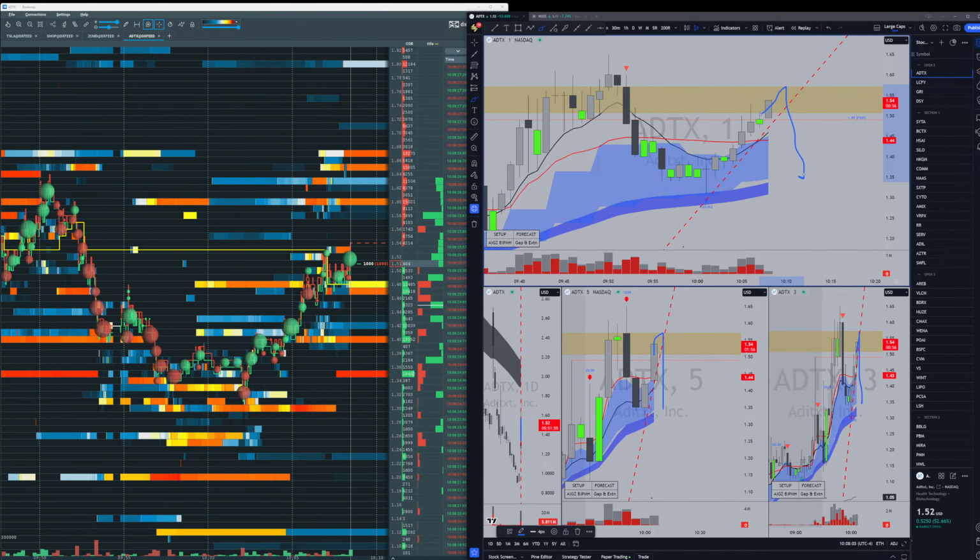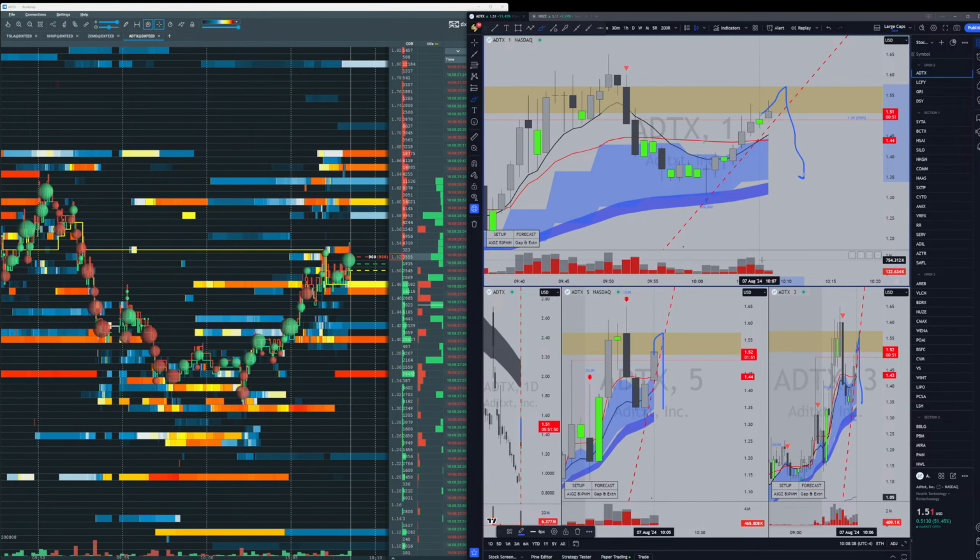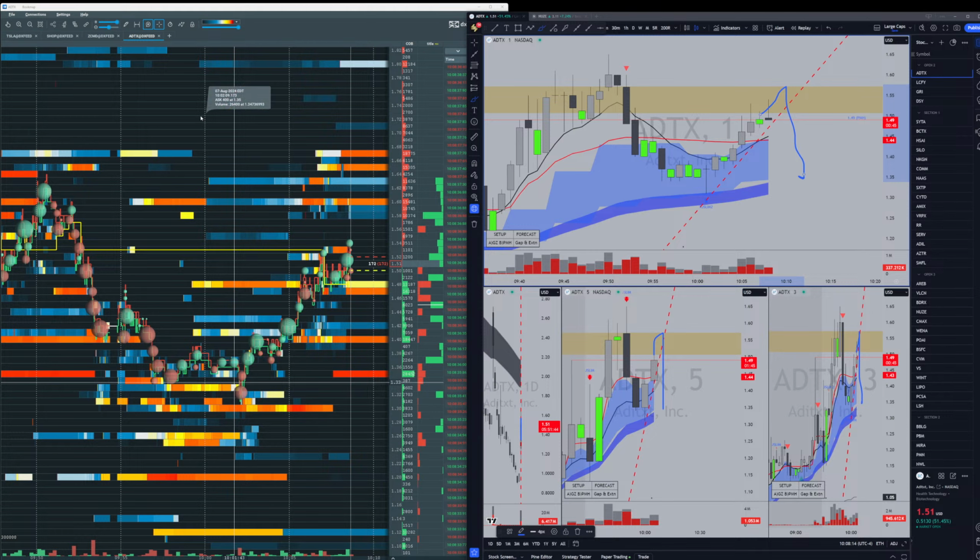Looking if we can have this setup, still grinding. Look at that volume. It's getting a little bit lower. So some kind of volume divergence in the last few bars.